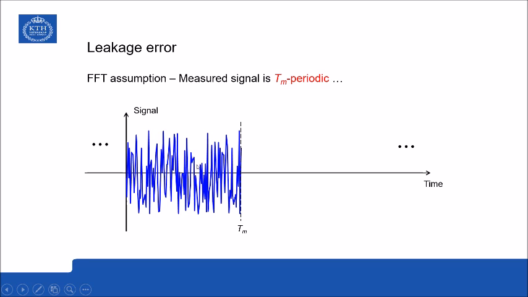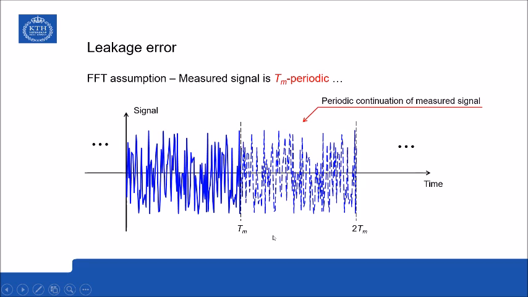That is, that this measured signal is repeated and has been repeated periodically with period Tm. So in this case, we have this situation. And of course, since we assume that the measured signal is Tm periodic, which it maybe is, but most likely is not, then we introduce an error.